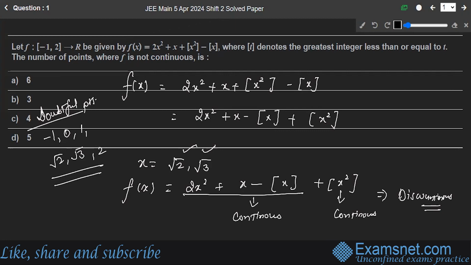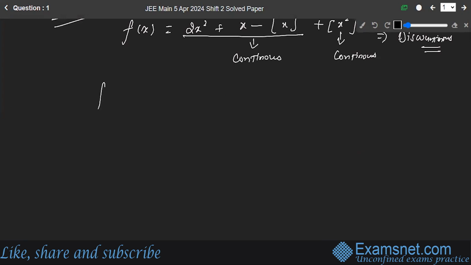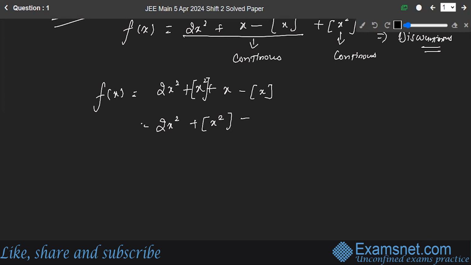Now let's check for the rest ones. f(x) can be written as 2x squared plus the greatest integer of x squared, plus x minus the greatest integer of x. This is nothing but 2x squared plus the greatest integer of x squared plus the fractional part of x.